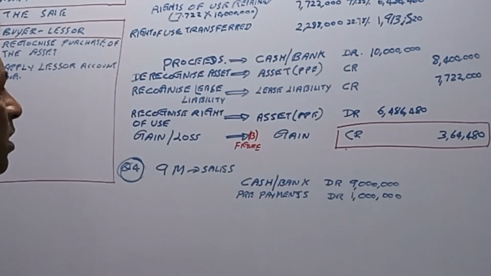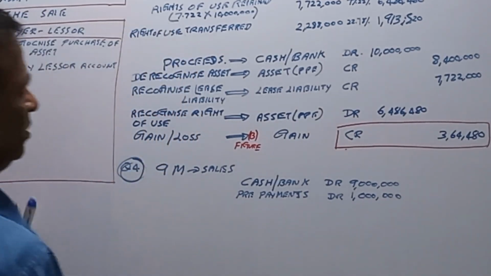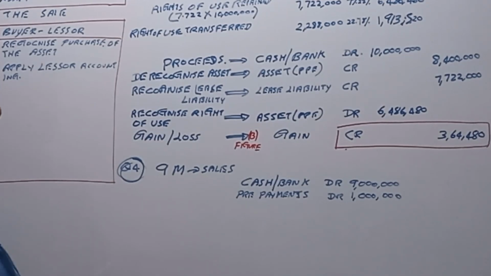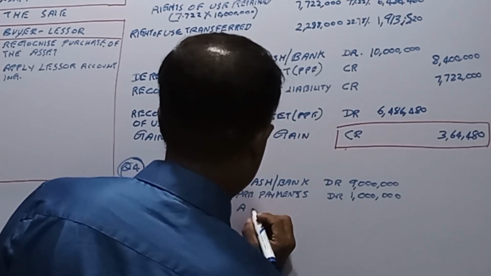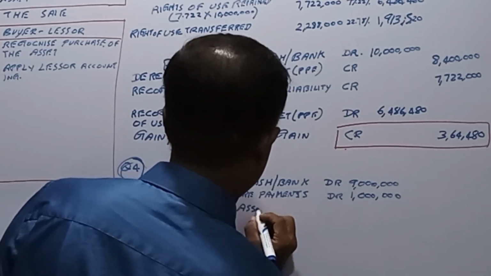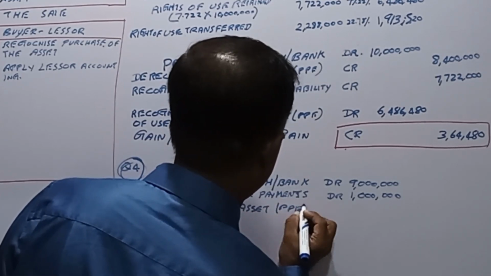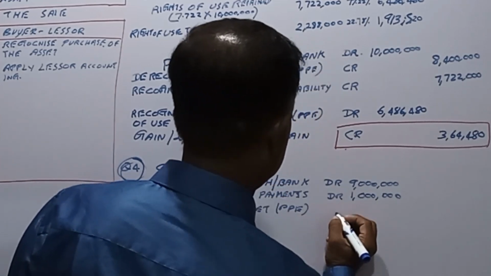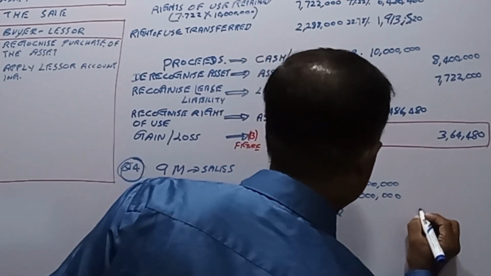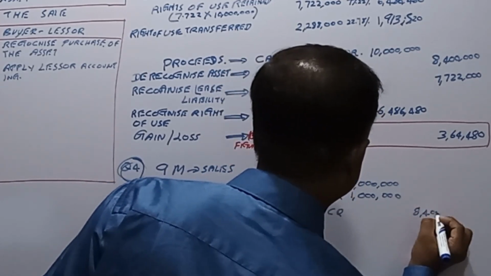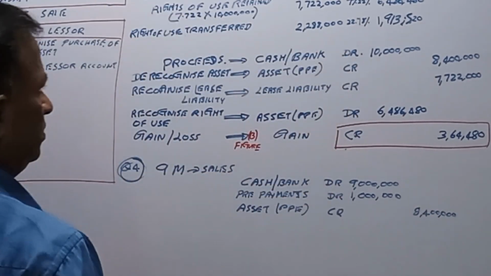Prepayments. We are selling at lower than the 1 million. So derecognize the asset. Asset account or property, plant and equipment account is credited, credited 8,400,000, right?